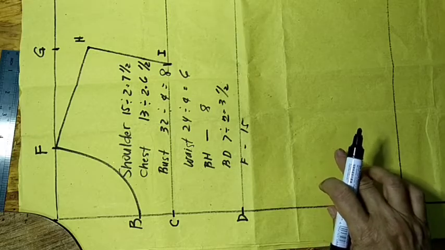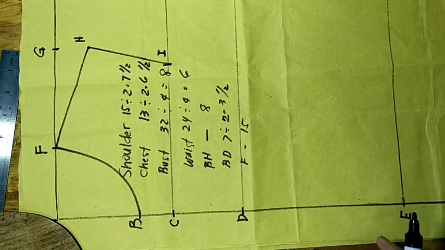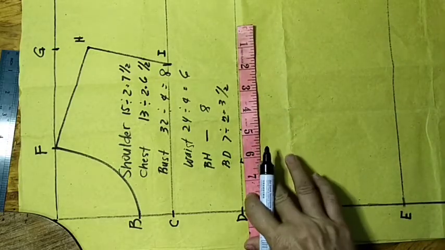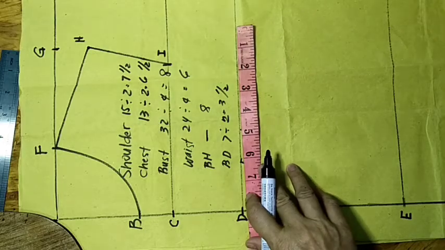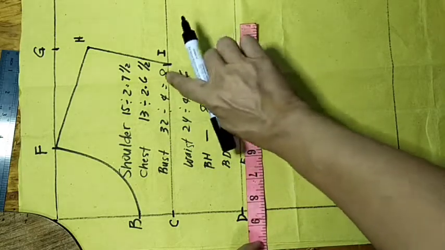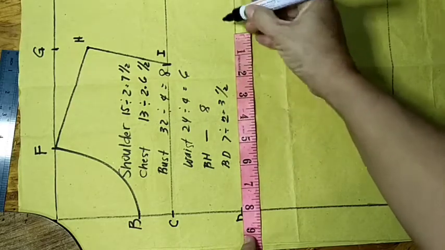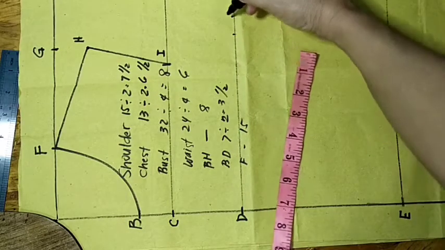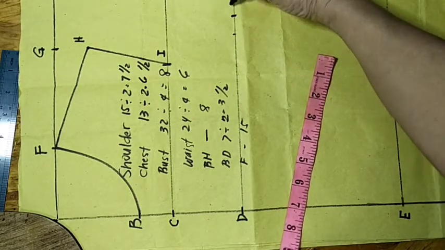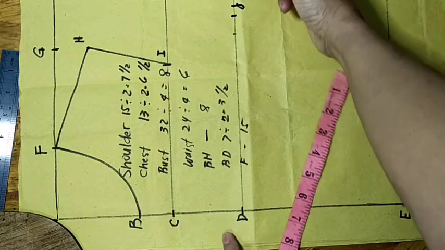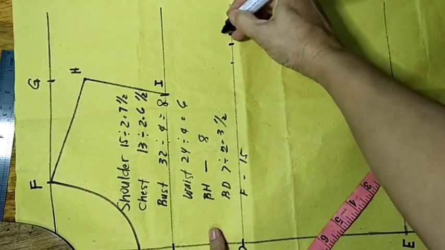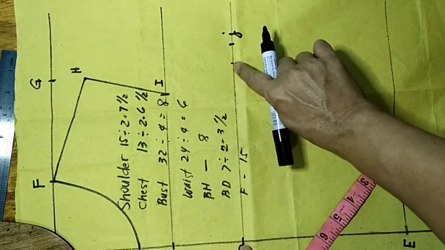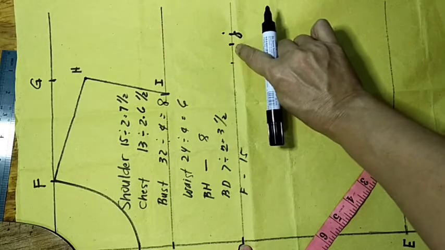Okay, D to J, where is your D? D to J, measure 1/4 of your bust, which is 8 inches, 1/4 of bust plus 1 inch, and this is point J. Again, from D to J, 1/4 of bust plus 1 inch.